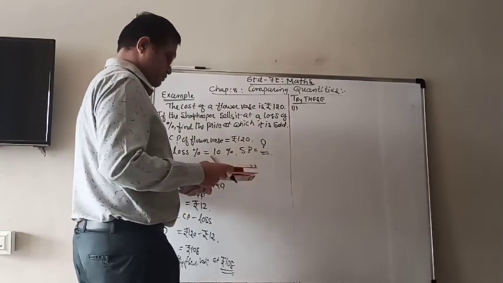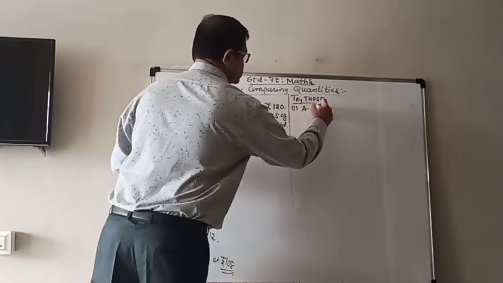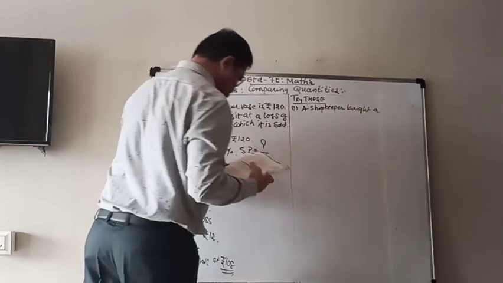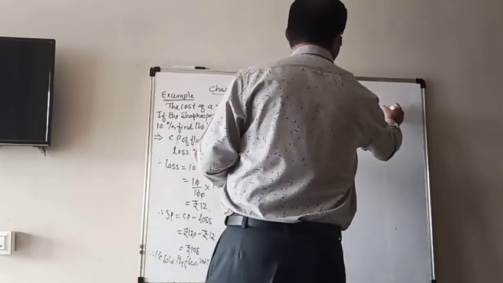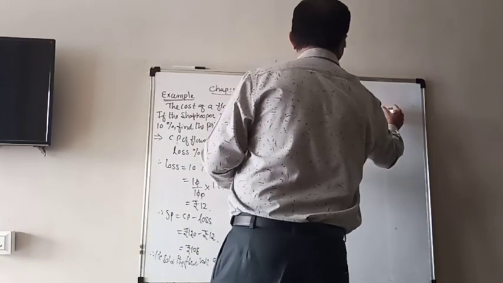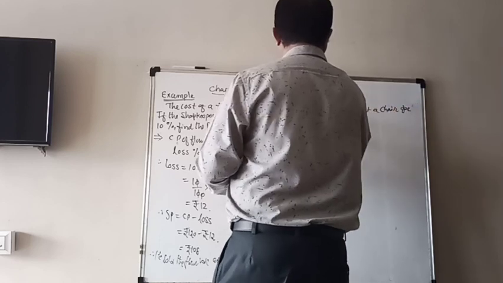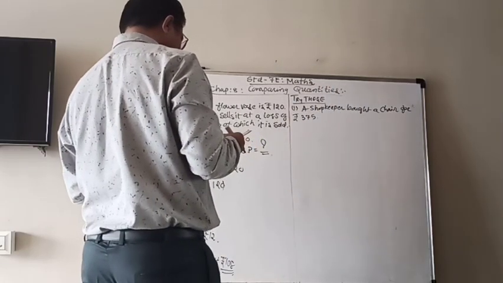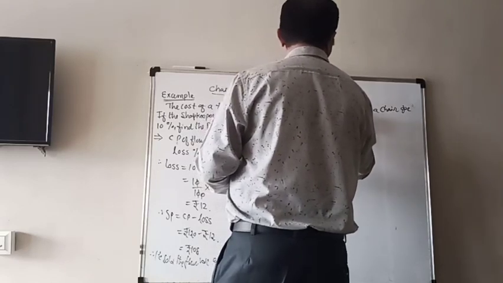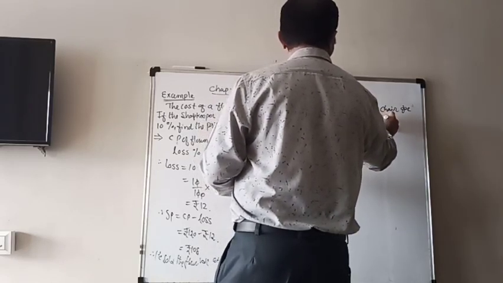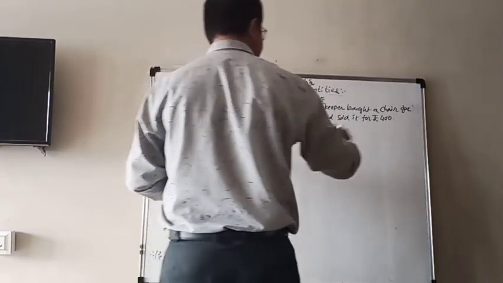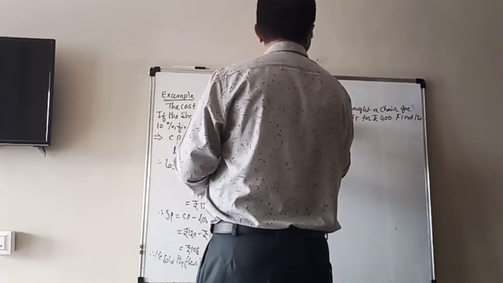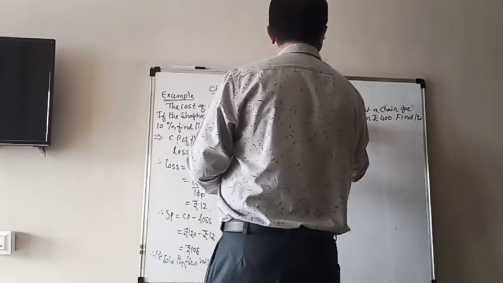A shopkeeper bought a chair for rupees 375 and sold it for rupees 400. Find the gain percentage.